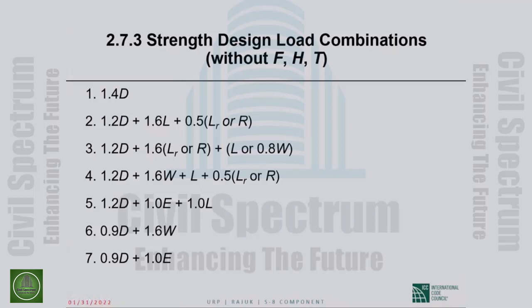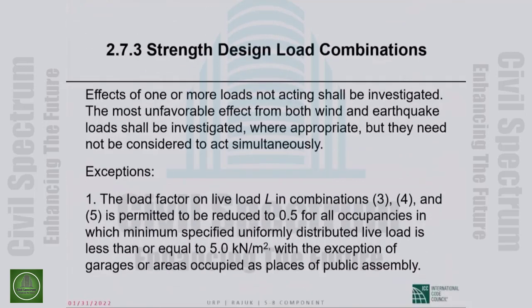And anyway, the load factor on E is 1.0, as I mentioned, because earthquake effect is already at strength level. You should also note that the load factor on wind is 1.6. Okay, so I will talk about that fairly soon. That number is kind of significant. Okay, 1.6 on the W.